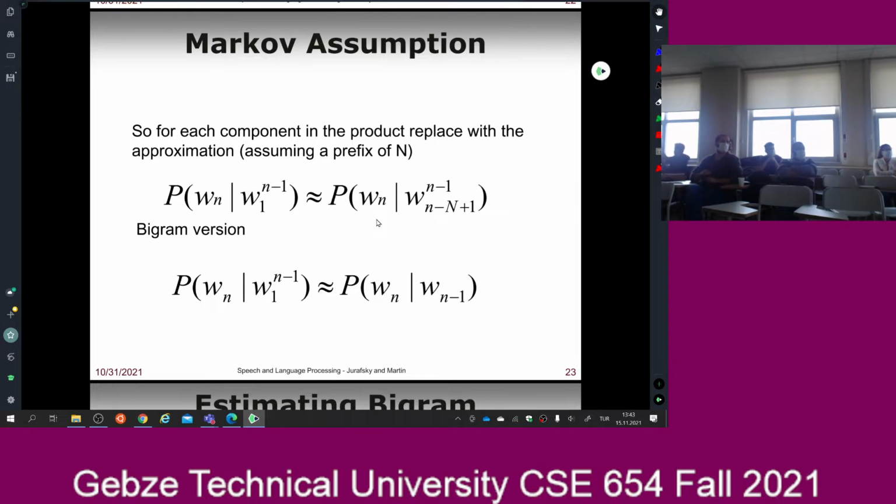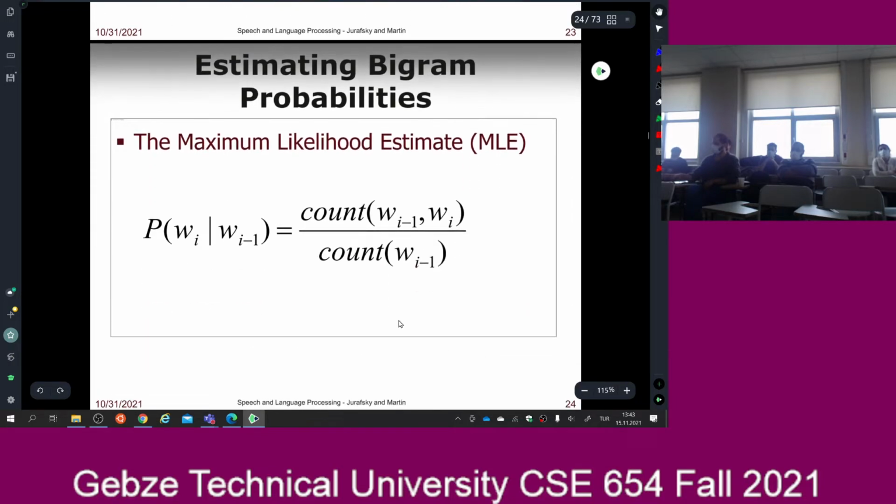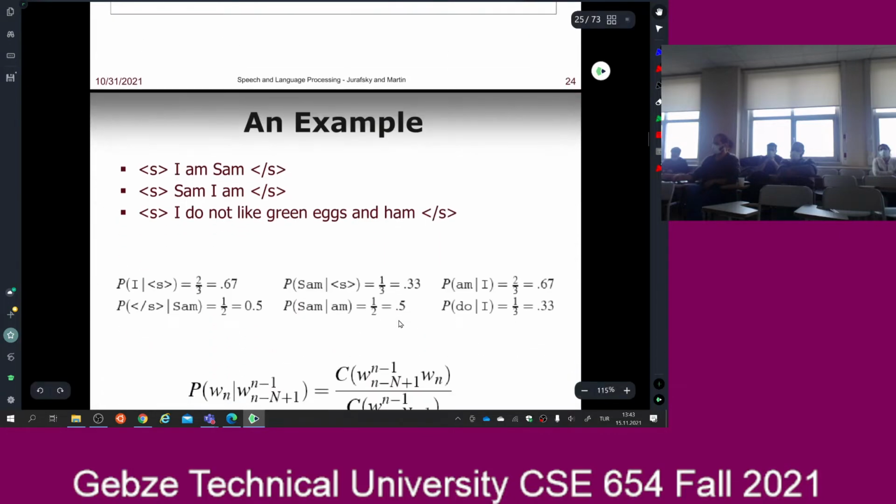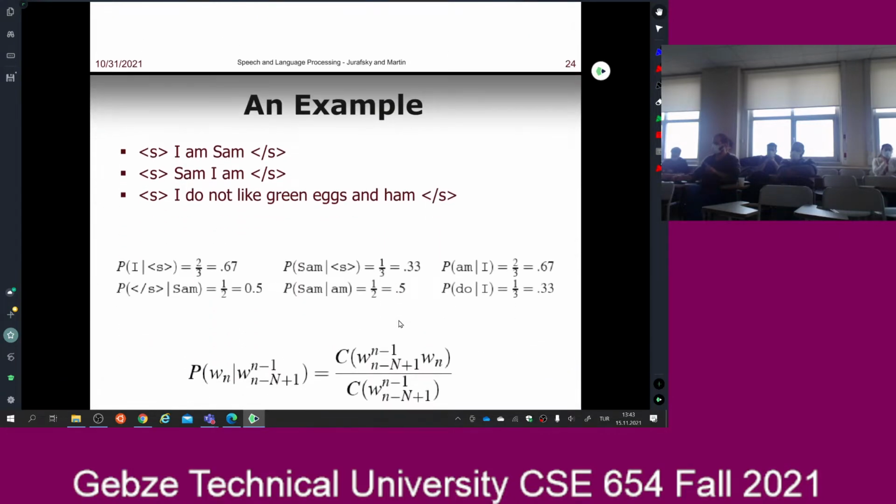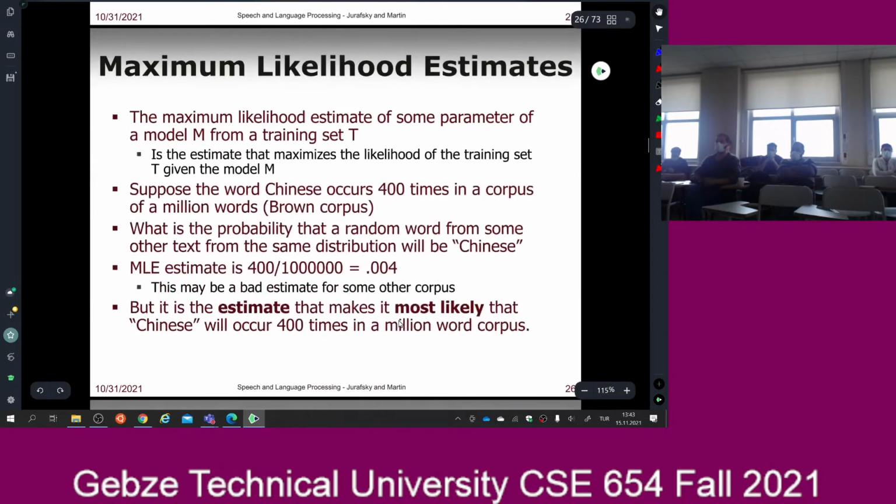We said that we don't have to depend on all the previous words to calculate this equation. Maybe we can just assume a prefix of n words. That made things a lot easier, and that way we are able to calculate the probabilities of complete sentences.